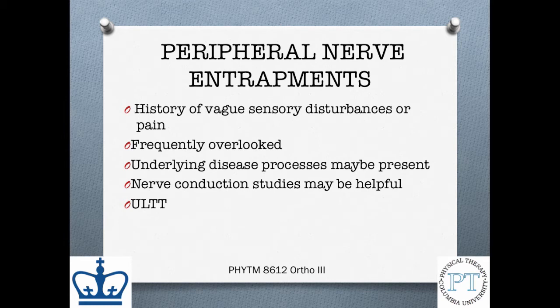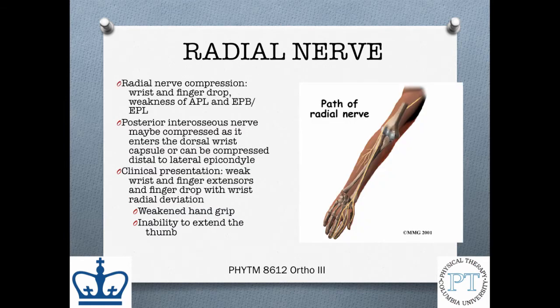In time, when there may be progressive weakness, EMG studies or nerve conduction studies may be helpful to show if there is a problem with conduction. Upper limb tension testing, biasing one of the nerves, can also help indicate whether or not there's sufficient flexibility or translation of the nerve with movements of the upper extremity.